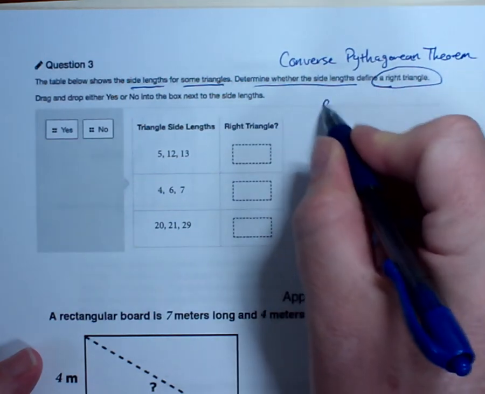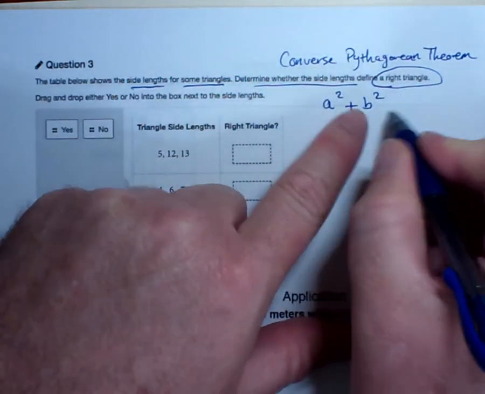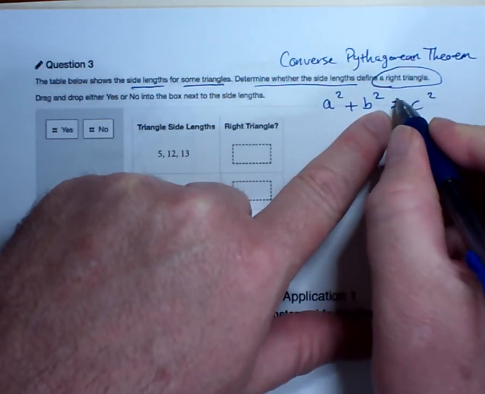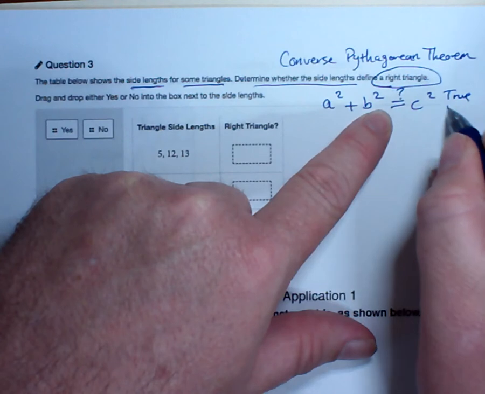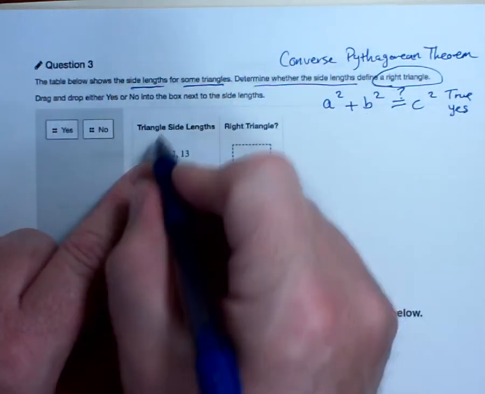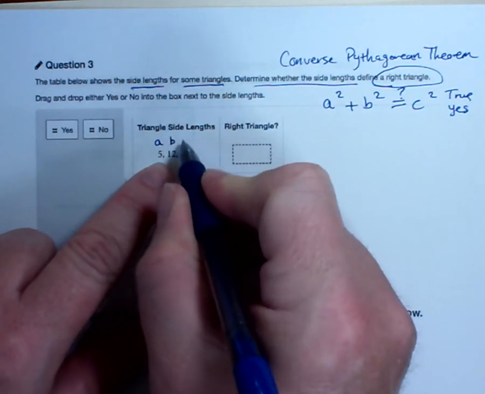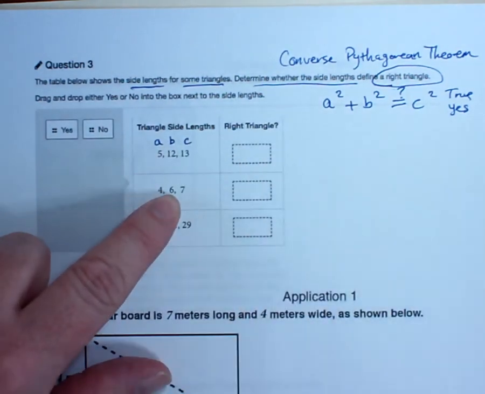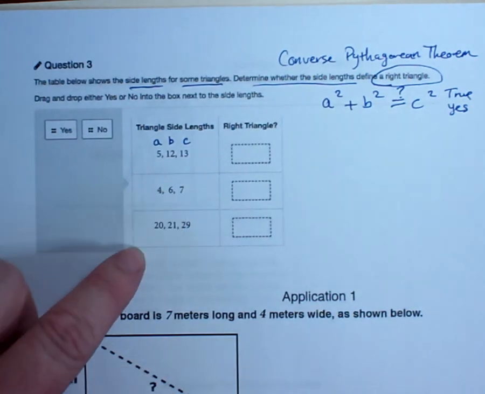That says if I put a number in for a squared and b squared, if they are equal to c squared, if that's true, then we're going to write the word yes. So we'll just pop them in. Shortest is going to be A, middle length is B, the longest is C. Be careful you check that they're ordered from smallest to greatest because they might trick you sometimes.